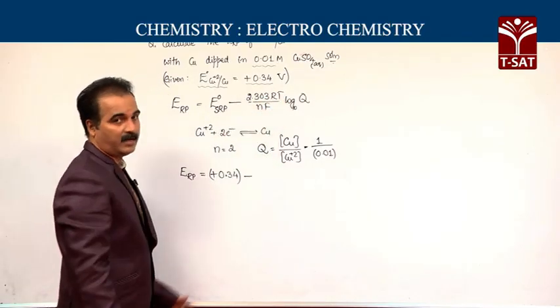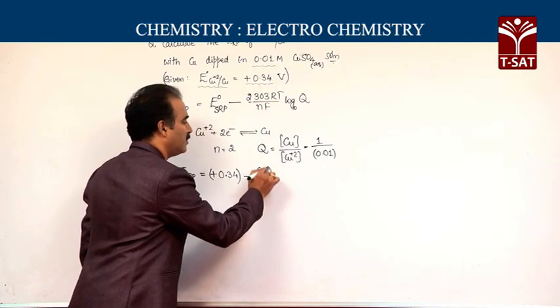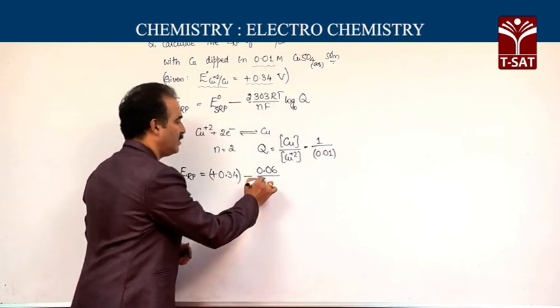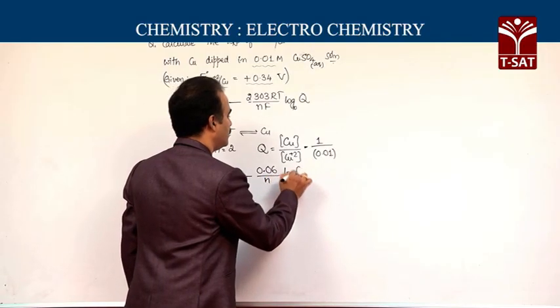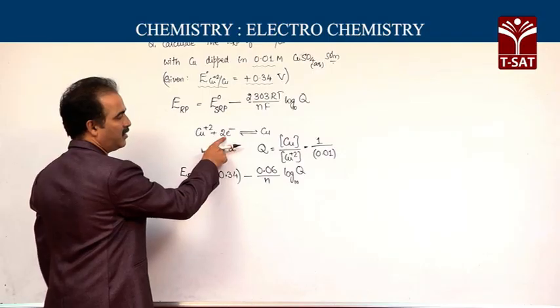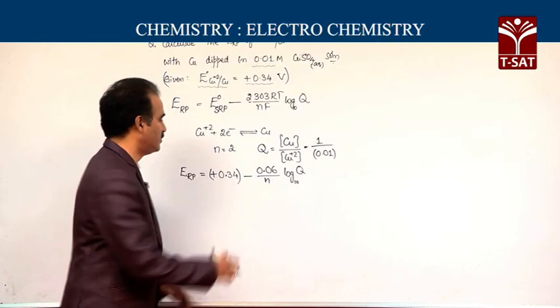2.303 RT by nF. Substituting all the constant values, it can reduce to 0.06 by n and then log Q. So, we will write log Q to the base 10, and we know n is equal to 2 according to the reaction, and Q is equal to 1 by 0.01.